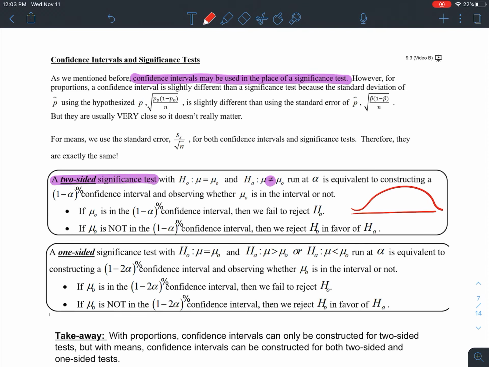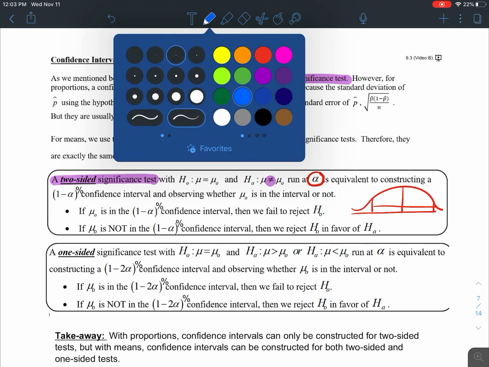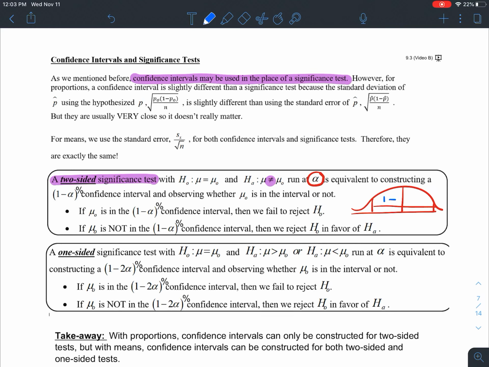Now we're assuming that we're given an alpha level of whatever that is. We're just going to call it alpha. When we are constructing these confidence intervals, this portion here in the middle would be just 1 minus alpha. That would be our confidence interval spanning from here to here.